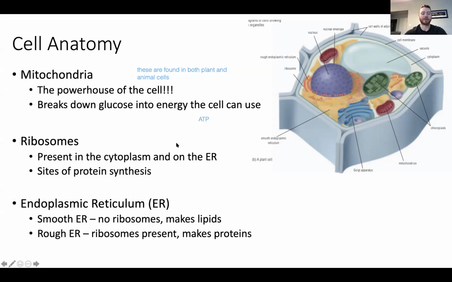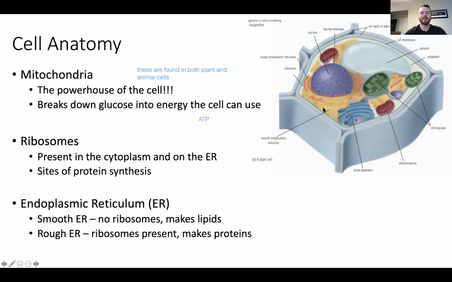Which brings us to the endoplasmic reticulum. We shortcut this one and call it the ER, so if I say ER, I mean endoplasmic reticulum. For the smooth ER, there are no ribosomes there.